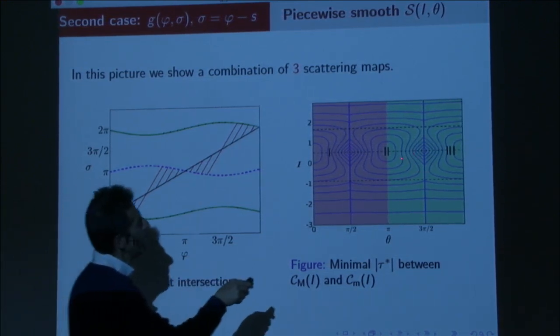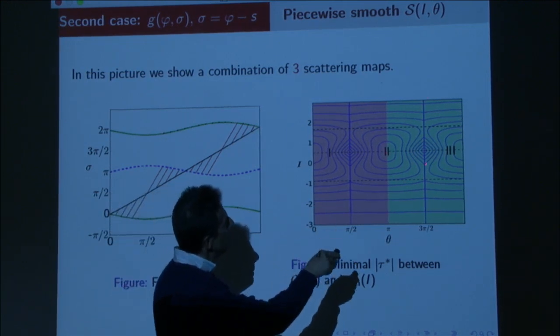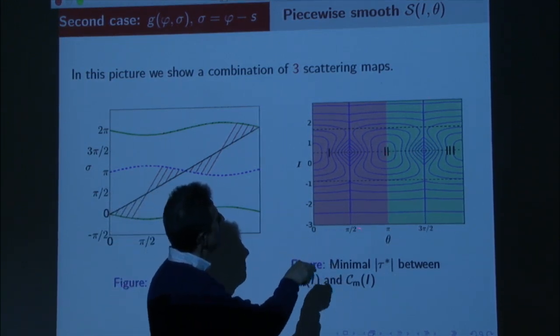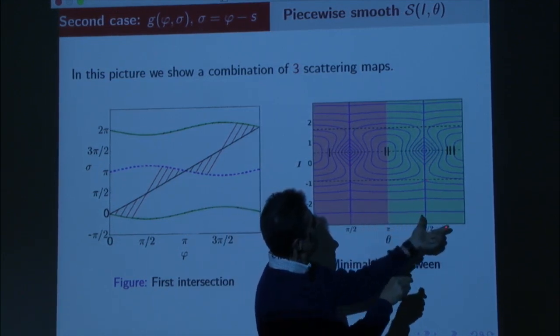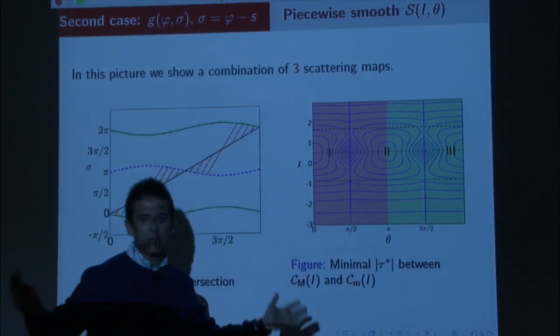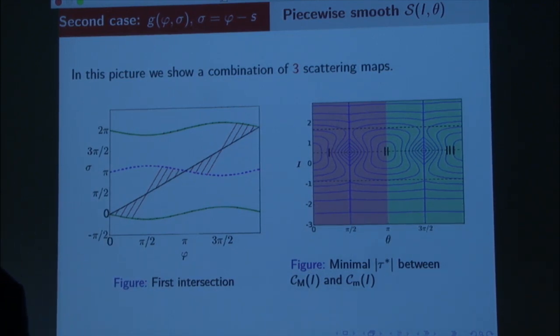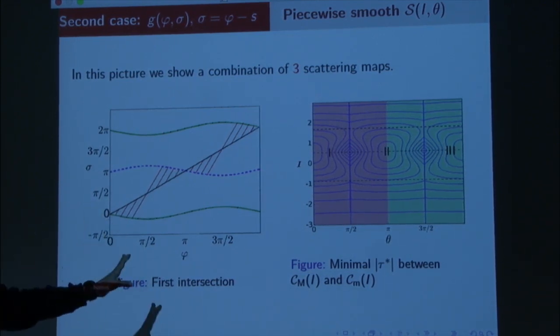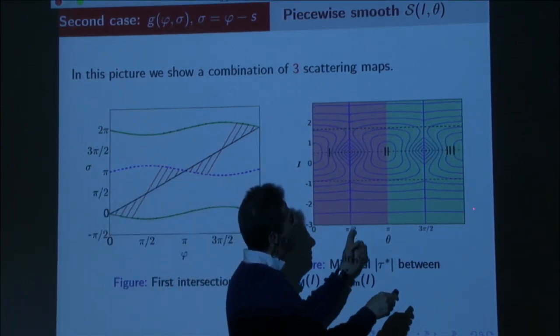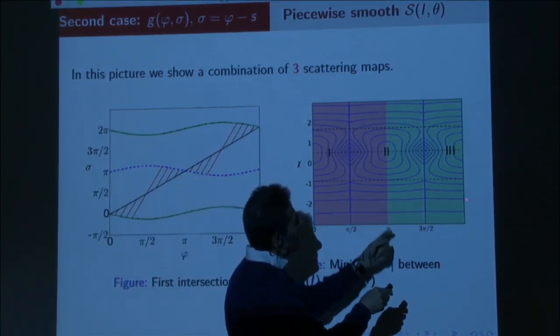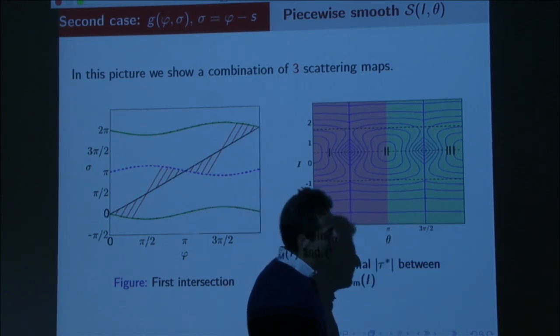These two lines are singularities. So here it is like this one scattering map, this is another one, this is another one. I put all this together, so this is piecewise. There are three scattering maps here. But the nice thing is that, well, when you arrive here, you're in trouble when you arrive there, no?